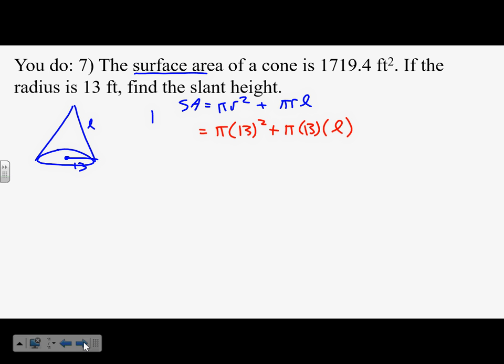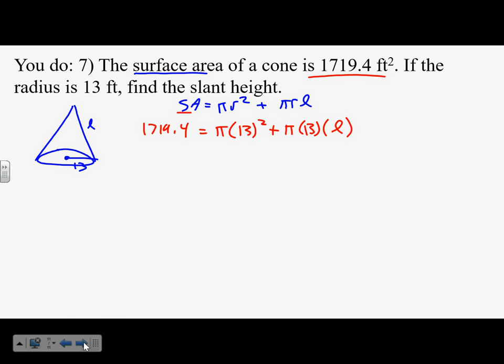Well, to solve this, the thing that we do know is the surface area is 1719.4. And now we go ahead and try to solve that.